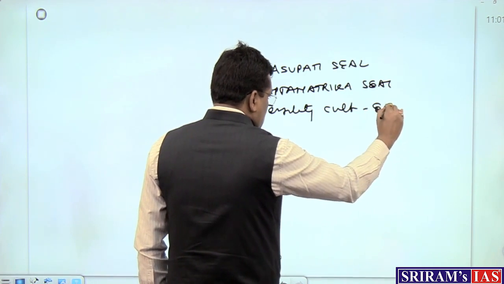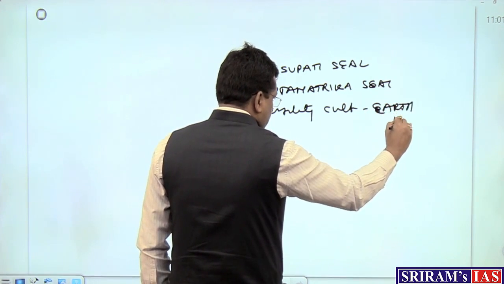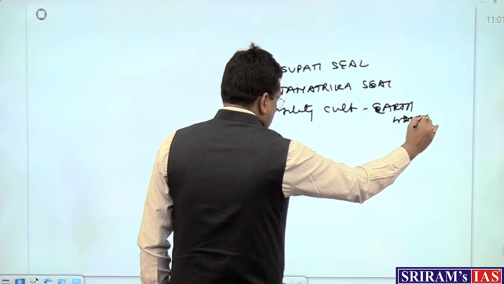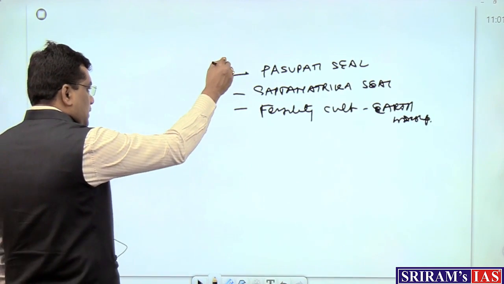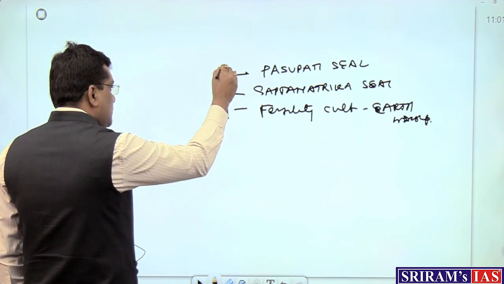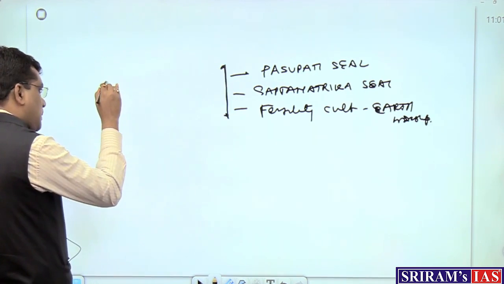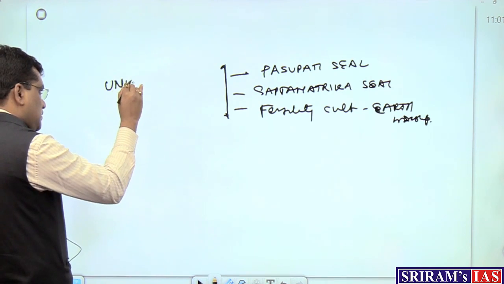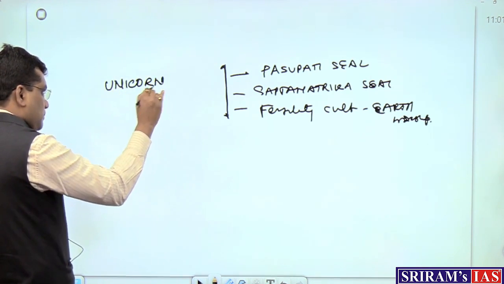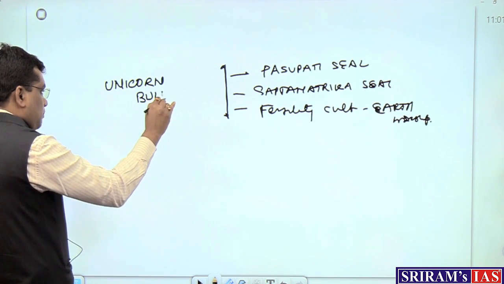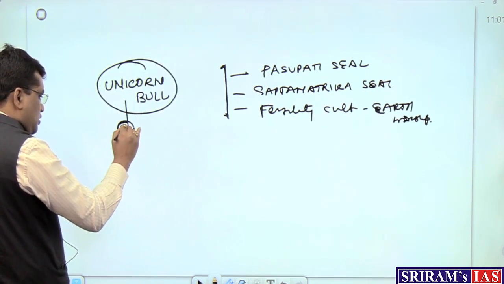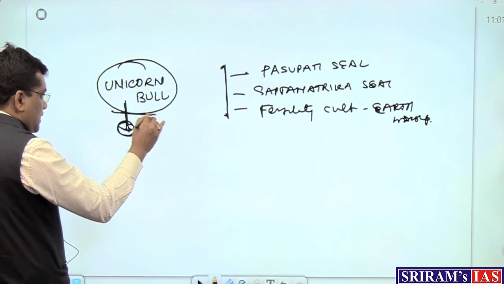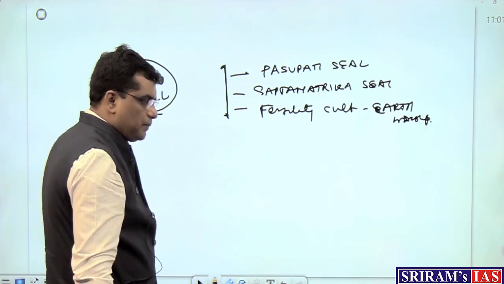Fertility cult means earth worship. Right, and at the same time, the majority of seals are unicorn bull. Unicorn bull is the majority, the best presentation is in the form of unicorn bull.